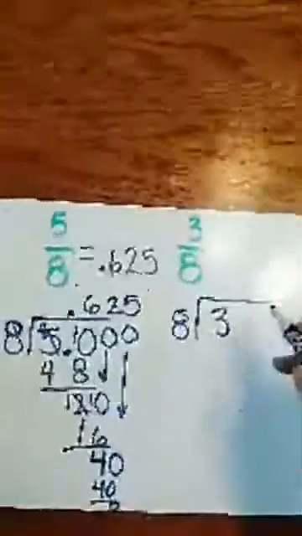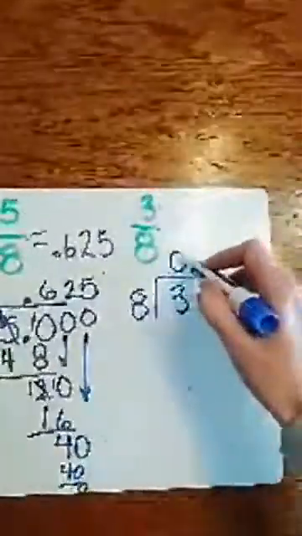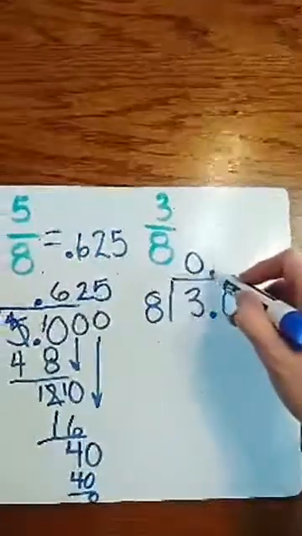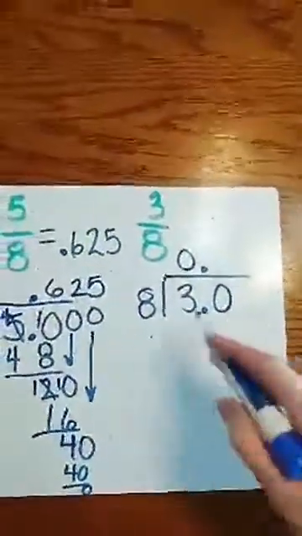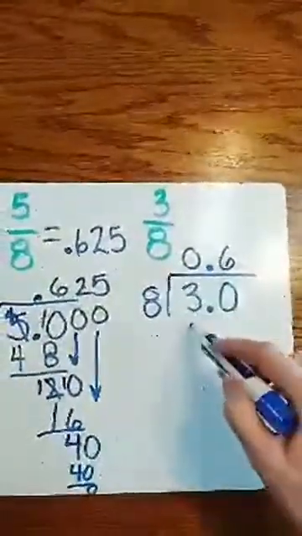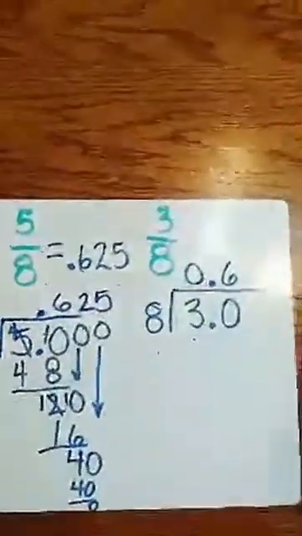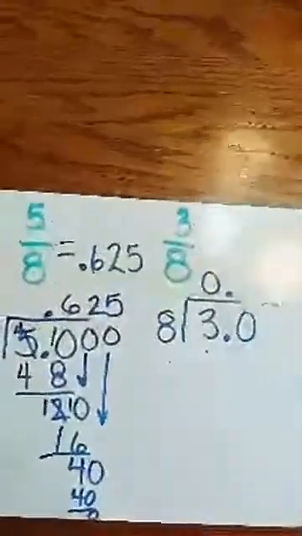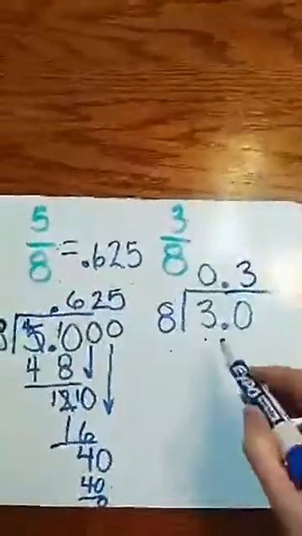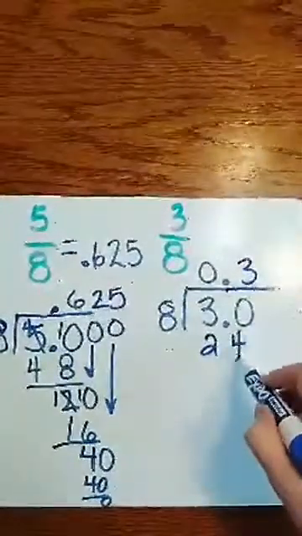Again, 8 will not go into 3. I put a 0. We want a decimal, so I'm adding a decimal and adding a 0. Decimal straight up. It goes into 30, 6 times. No, it doesn't. Not 6 times, sorry. 8 goes into 30 3 times. 24.